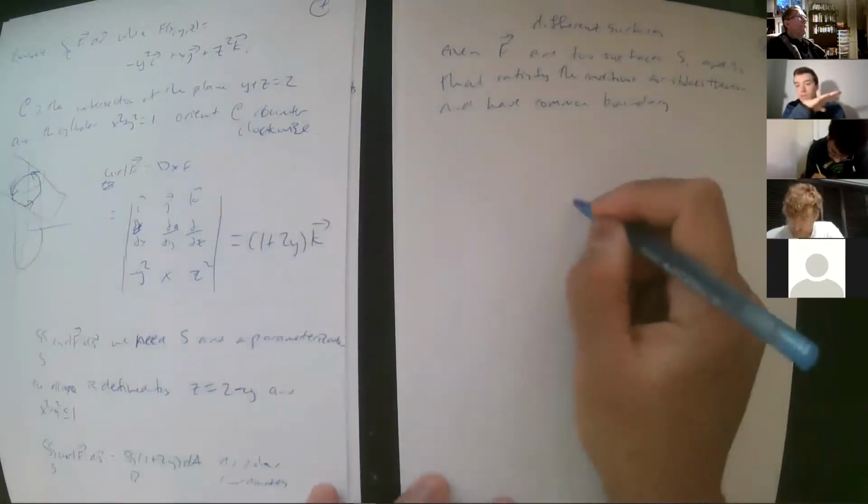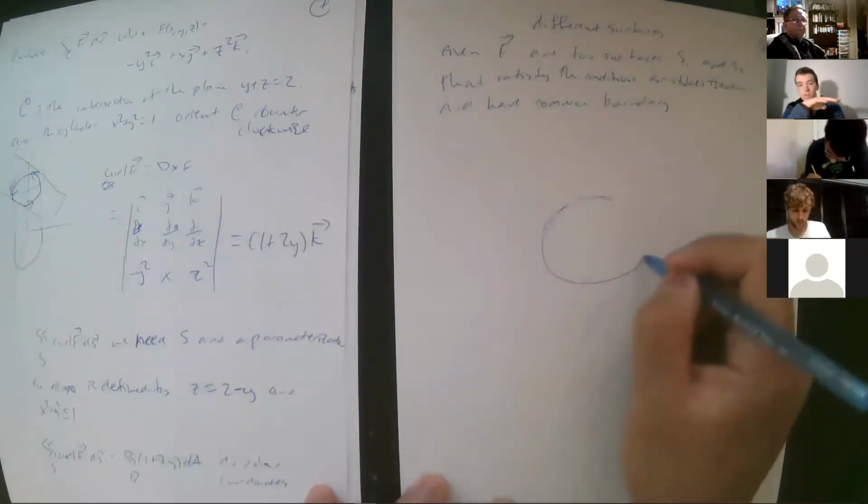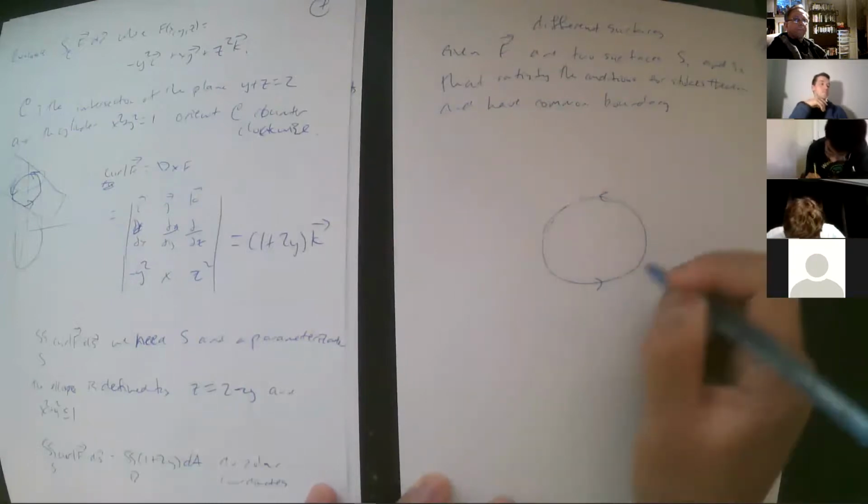Let's say I have this curve right here. It's like a nice circle thingy.